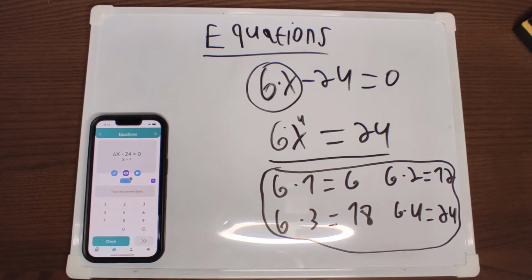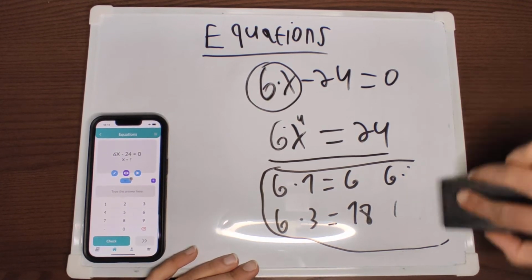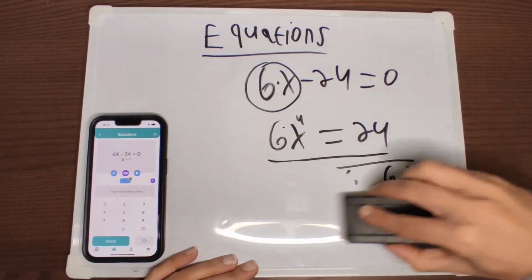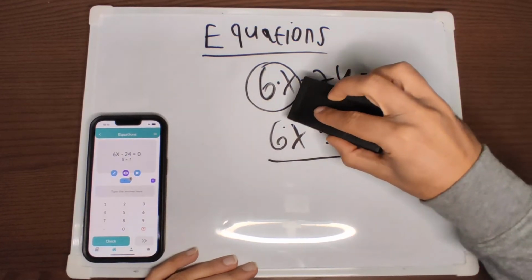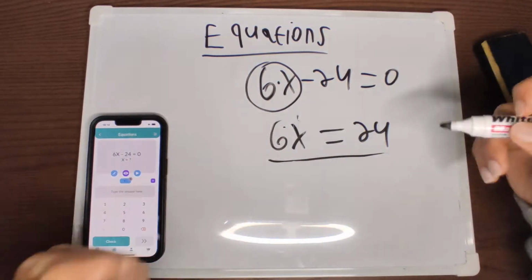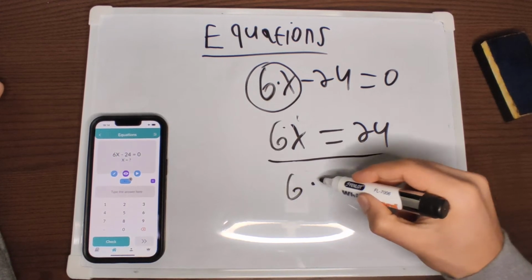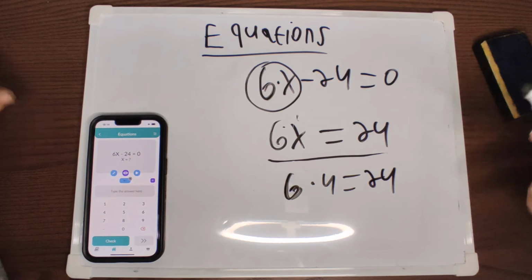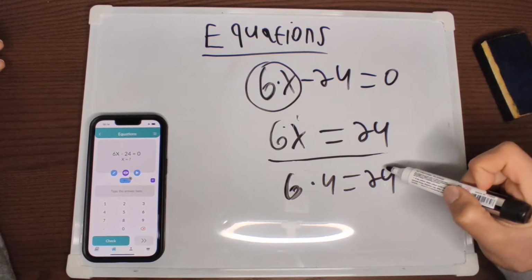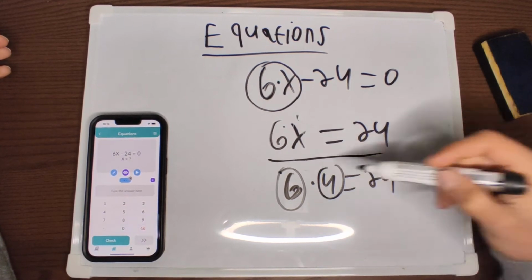So let's think about it like the old trick with the minus and the plus. Multiplication and division are opposite operations. So if 6 times 4 is 24, then we can know for sure that 24 divided by 6 results in 4.